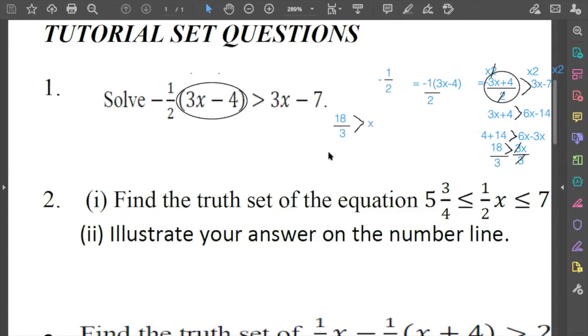Or I am going to have x is less than 18 divided by 3.